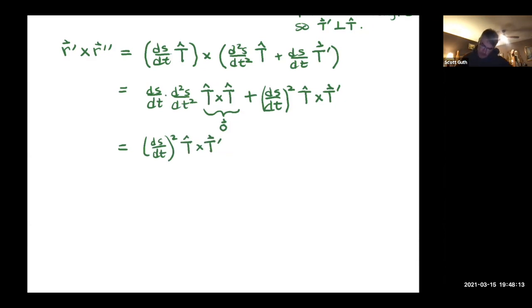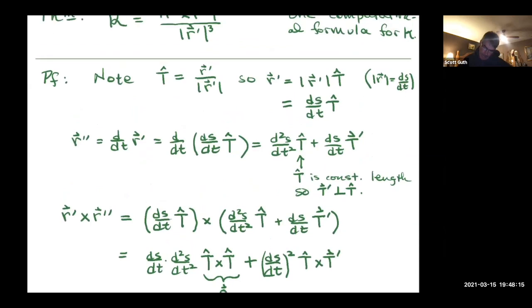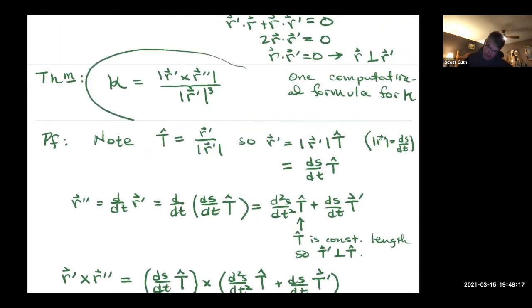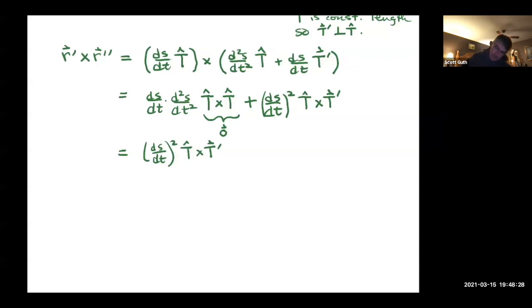Now, if you look at the definition for kappa here, it's using the magnitude of r prime cross r double prime. So what I need to do is see what the magnitude of this cross product looks like. That's where I'm going next. So we're going to take the magnitude of r prime cross r double prime.